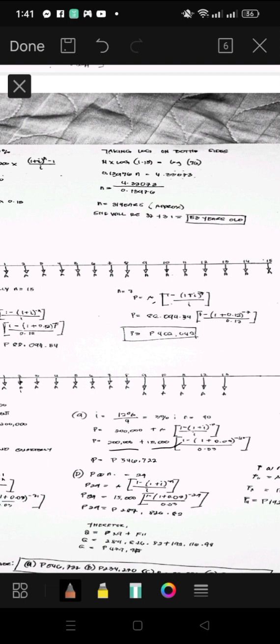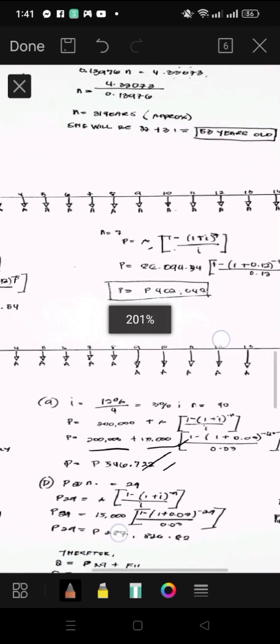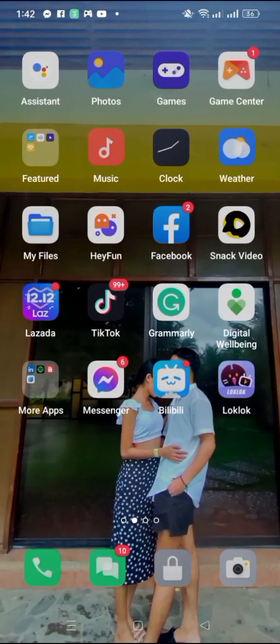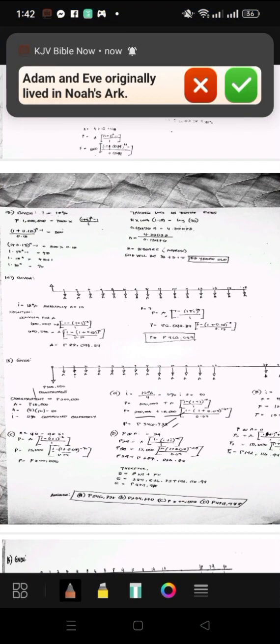And then the next question is: if Mr. Perez misses the first 12 payments, what must he pay at the time the 13th is due to bring himself up to date?